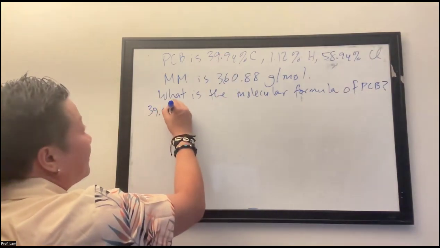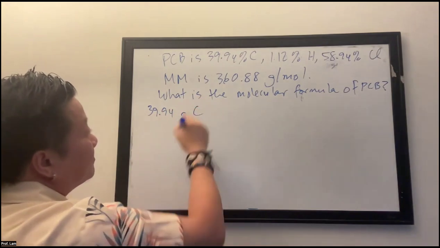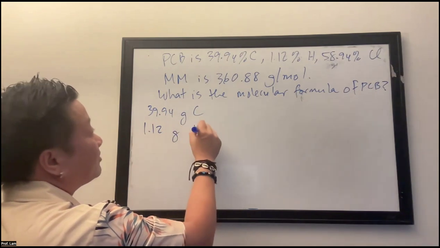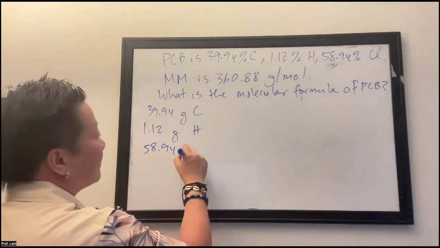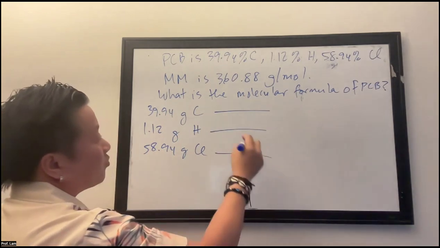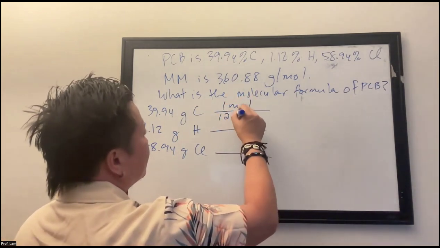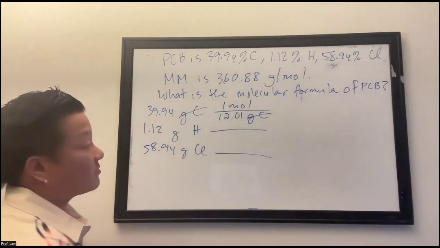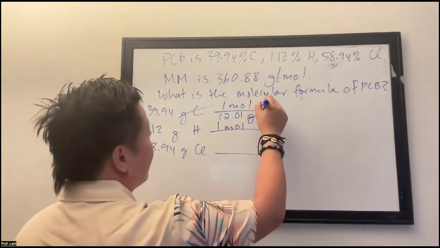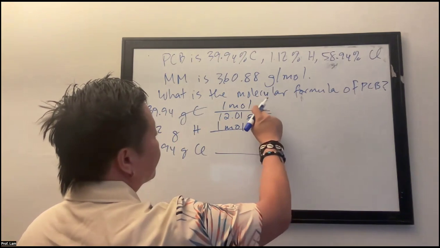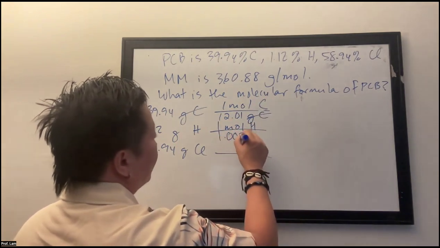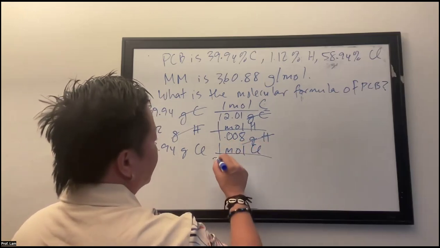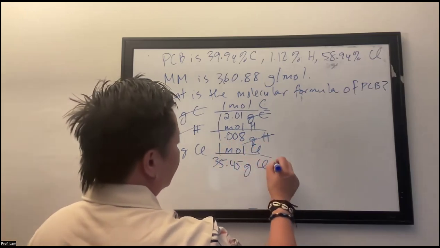We have 39.94% carbon, which means if we assume 100 grams, you also have 39.94 grams of carbon. We have 1.12 grams of hydrogen and 58.94 grams of chlorine. We're going to convert those to moles. So for carbon, it's 1 mole over 12.01 grams of carbon. For hydrogen, 1 mole of hydrogen is 1.008 grams of hydrogen. For chlorine, 1 mole of Cl is 35.45 grams of Cl.